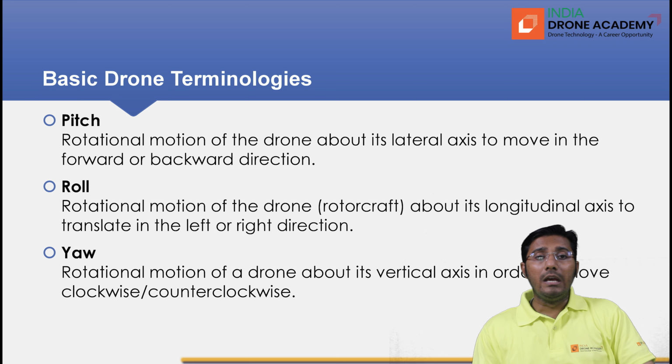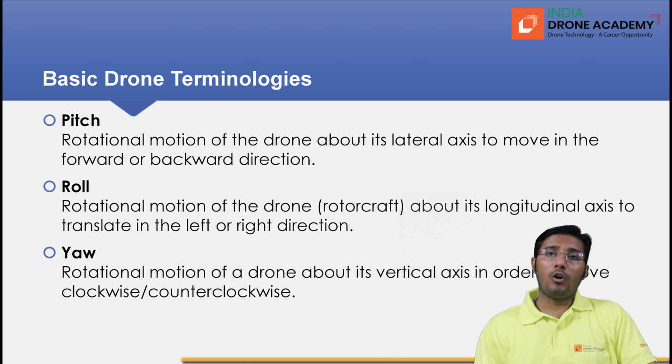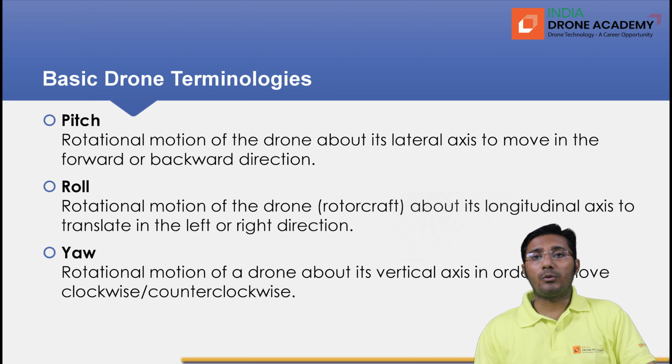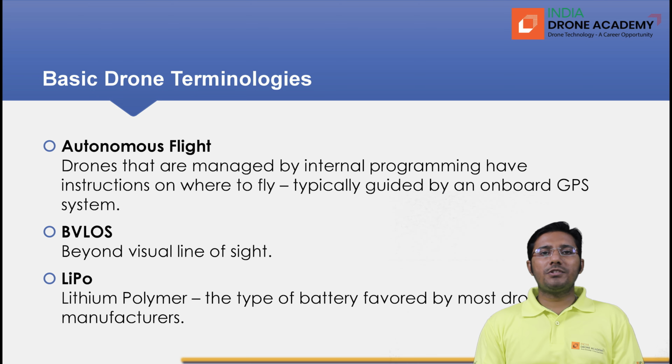I have already talked about these axes in the previous fourth chapter while discussing fixed wing operations and their aerodynamics. Autonomous flight. Drones that are managed by internal programming have instructions on where to fly.